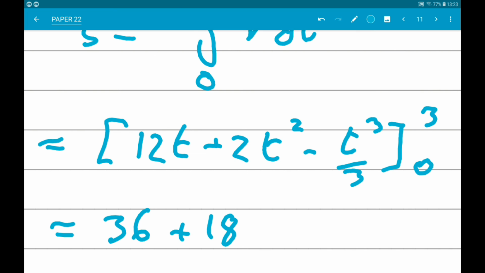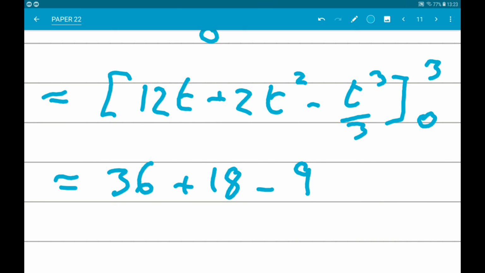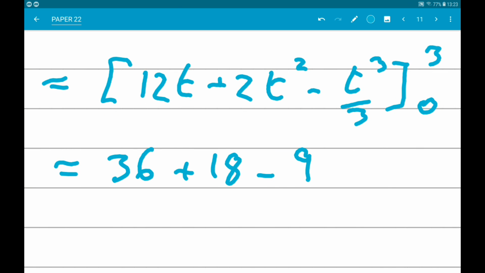And then minus 27 over 3, so that's 9. So we get 45 meters.